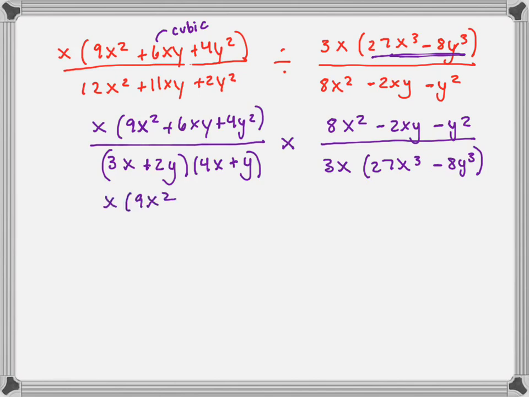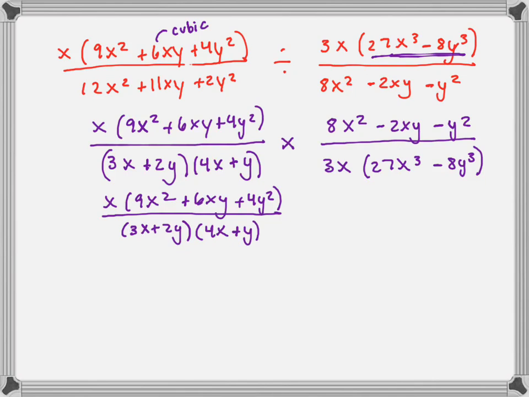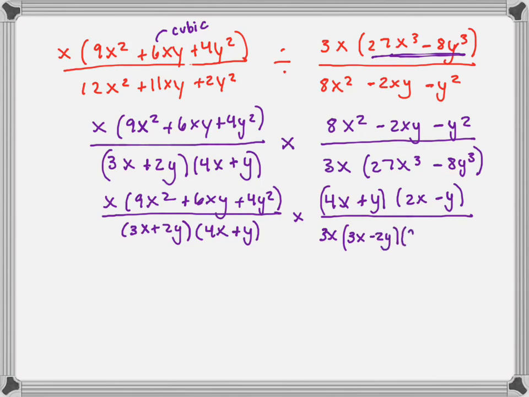So let's just rewrite this: x times 9x squared plus 6xy plus 4y squared, all over 3x plus 2y times 4x plus y, times, and then we can factor this one up here, 4x plus y times 2x minus y, yep, that seems right, over 3x, and then this is a cubic, right, so we have 3x minus 2y times 9x squared plus 6xy plus 4y squared.